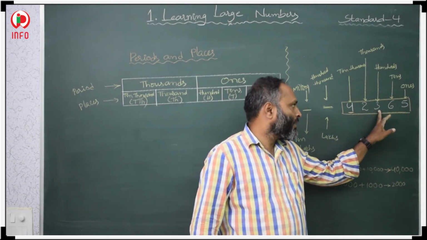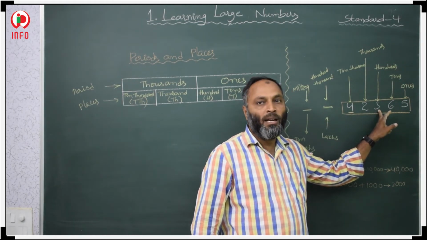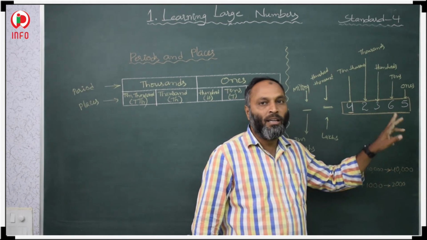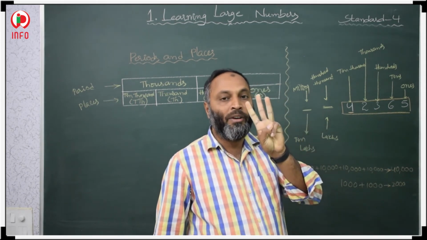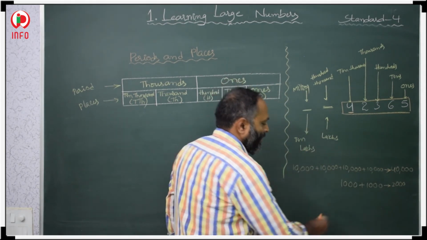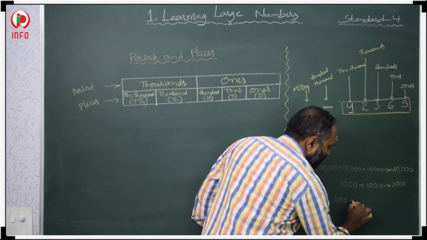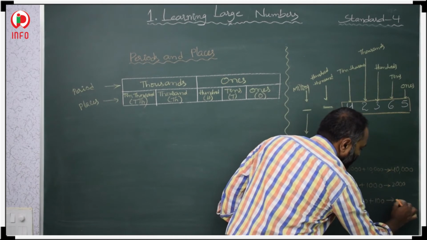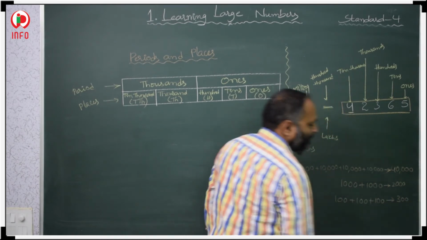Next, 3 is in the hundreds place. How many hundreds are there? 3 hundreds, so we have to write 100 three times: 100 plus 100 plus 100, which gives 300.